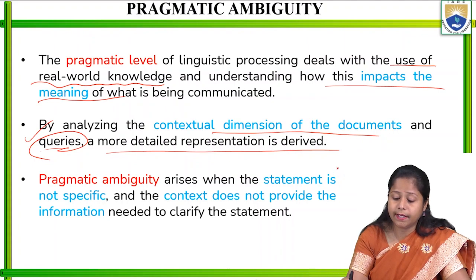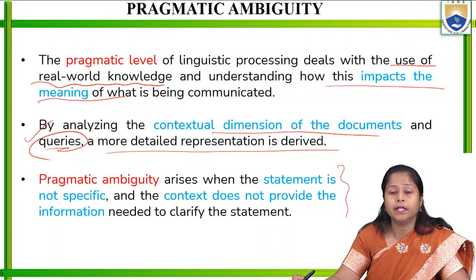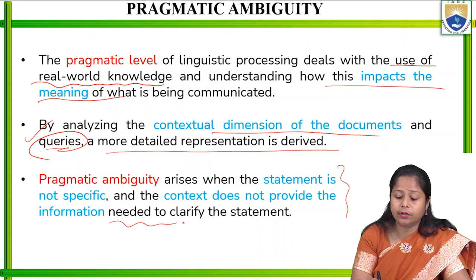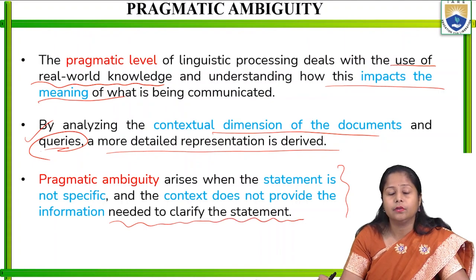Pragmatic ambiguity arises when the statement is not specific and the context does not provide any information that is needed to clarify the sentence. As I have said in the earlier slide also, pragmatic ambiguity is about sensing what the user is telling: his belief, his motive, his discourse, his thoughts, his emotions and sentiments.